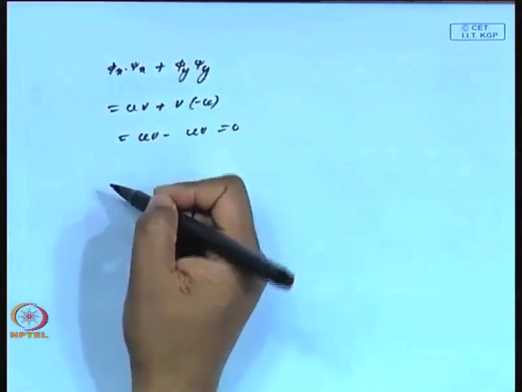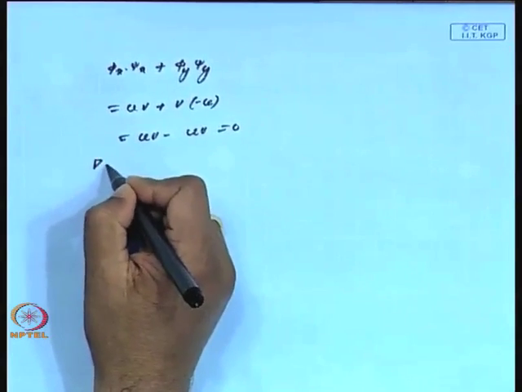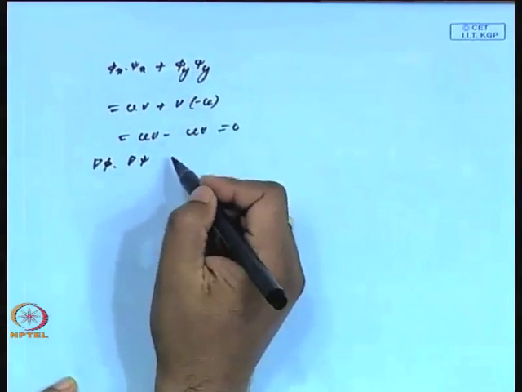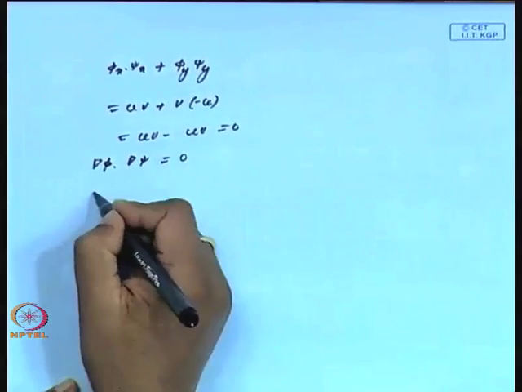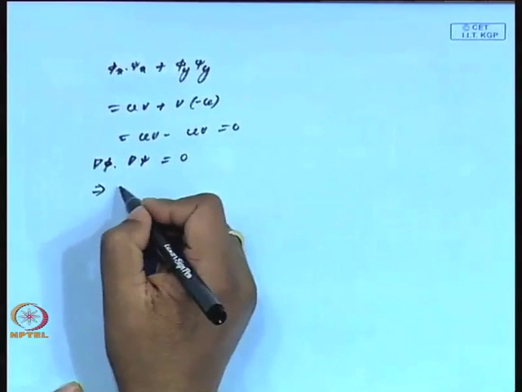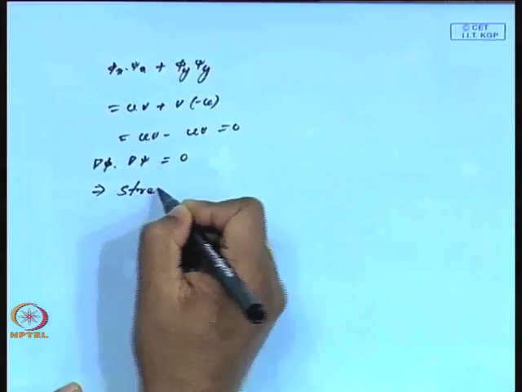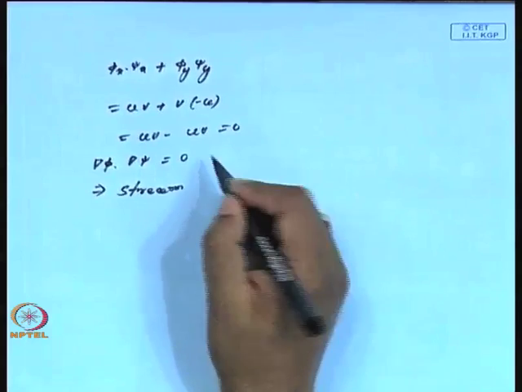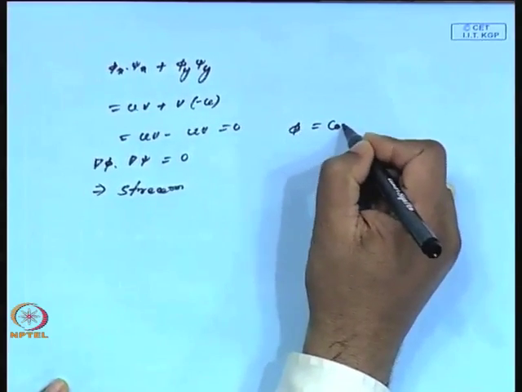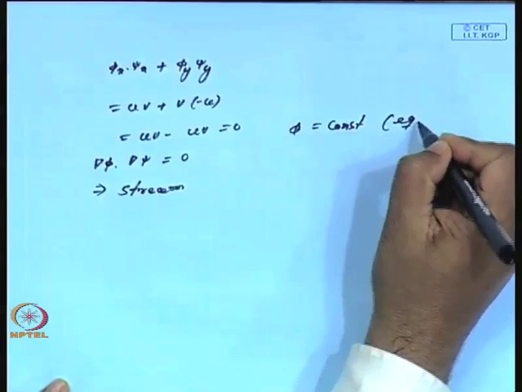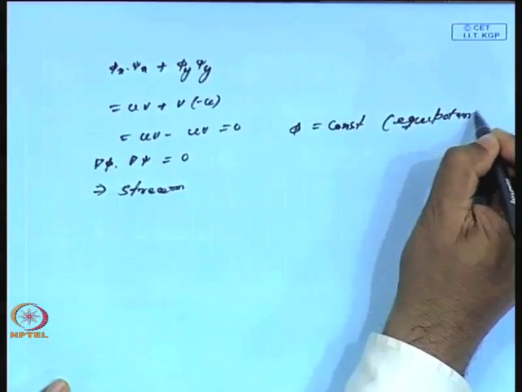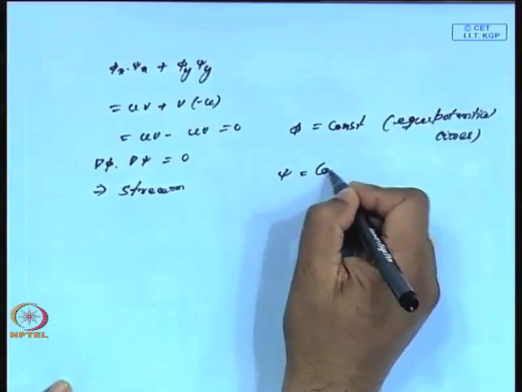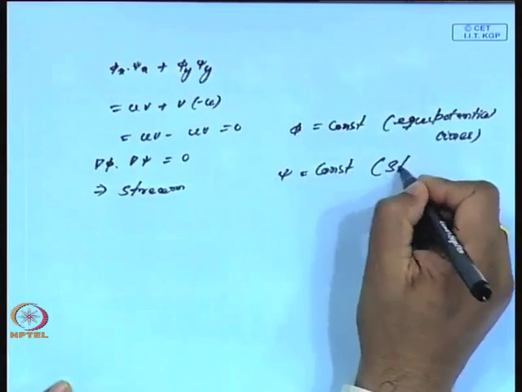So, I can always say that grad phi dot grad psi is 0, which implies that, because phi equal to constant gives the equipotentials, as I have already mentioned, whereas psi equal to constant gives the streamlines.